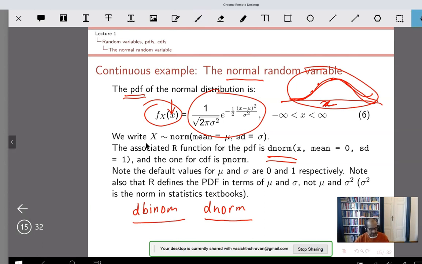So the probability mass function in the discrete case is named the dbinom function, and the probability density function in the continuous case is called the dnorm function. So they're using the letter d to stand for this uniform probability mass or probability density function in the discrete and the continuous case.